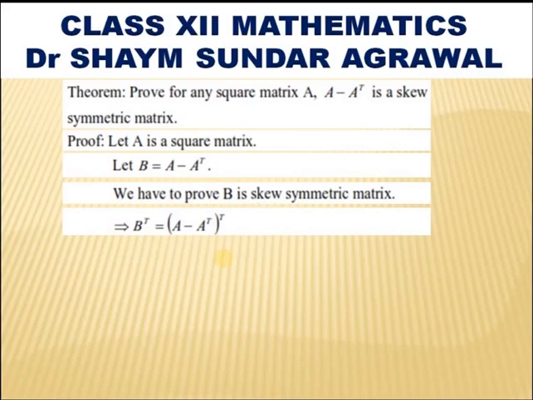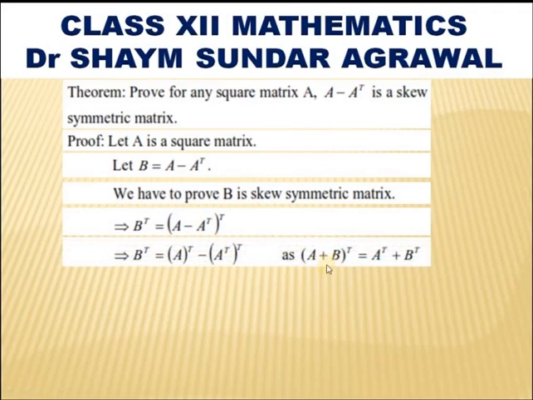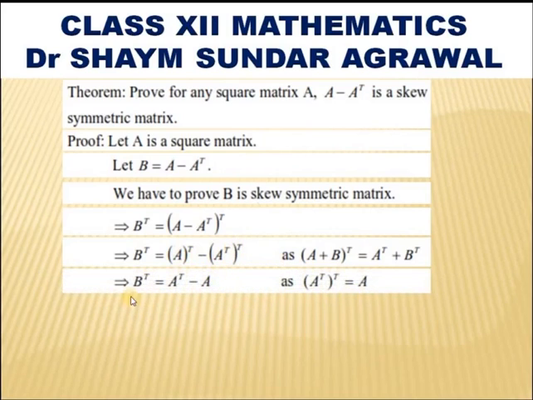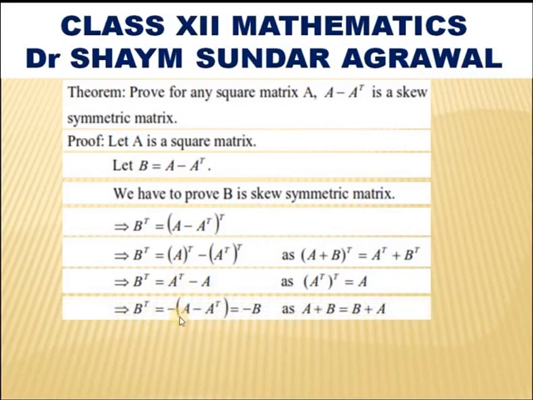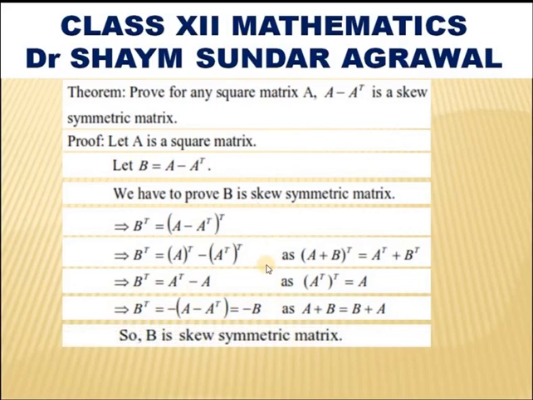We have to prove this. So, let us find B transpose. B transpose is the transpose of A minus A transpose, and as the transpose of A plus B is A transpose plus B transpose, the transpose of A minus A transpose is transpose of A minus transpose of A transpose, and again A transpose transpose is A. So, B transpose is A transpose minus A. By taking minus common, it is minus of A minus A transpose, which is B. So, minus of B. Now B transpose is equal to minus of B. That implies B is a skew symmetric matrix.